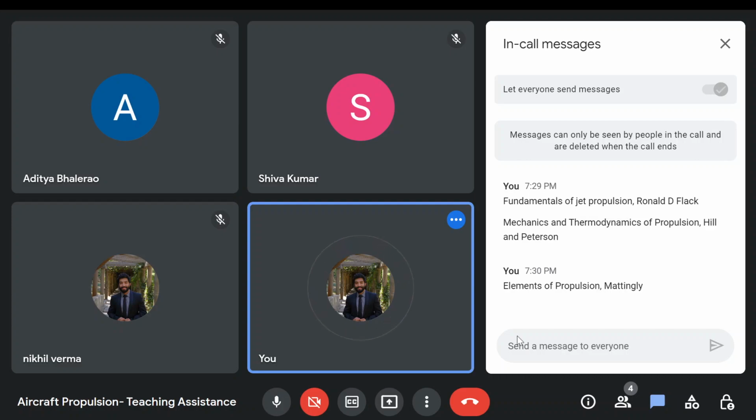For problems, you can go to these three. The first book is very nice. It has unsolved as well as solved problems, you can try with this. For more details on different theories, you can follow Hill and Peterson and Mattingly.